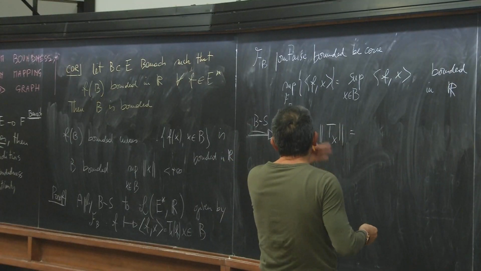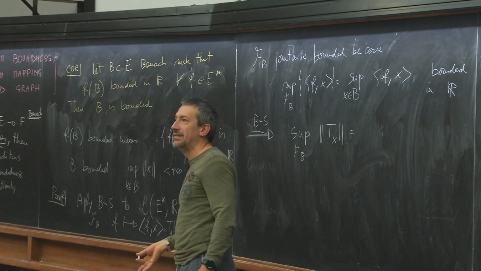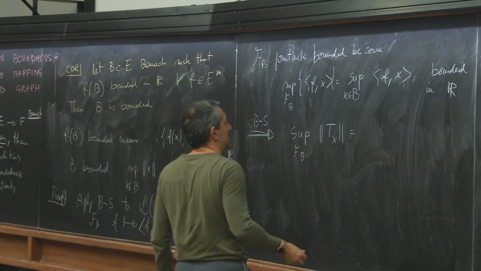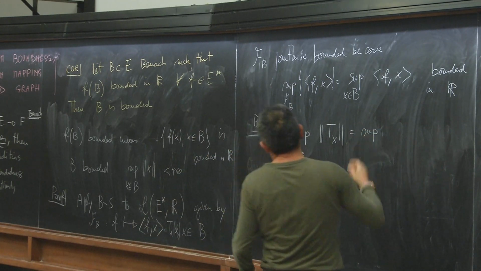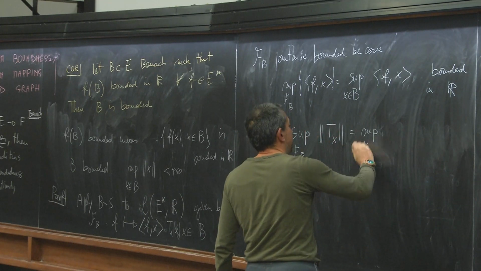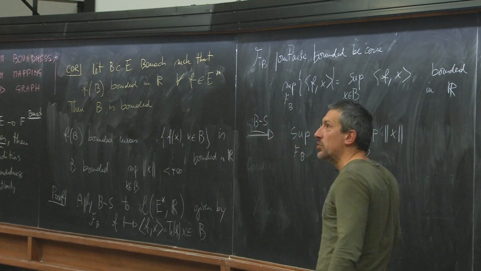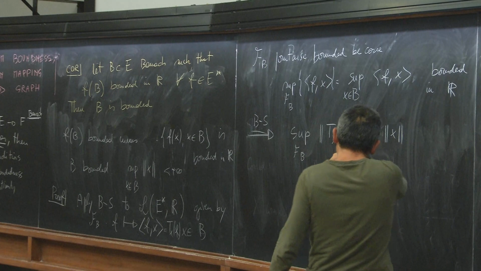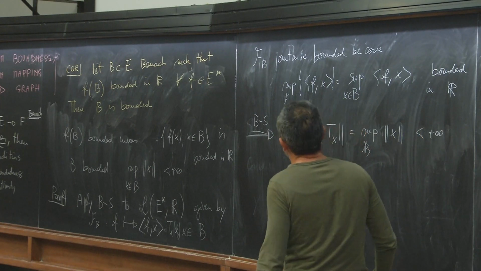But the norm of Tx of F is equal to the norm of x, because I have the Hahn-Banach theorem. You see, now I'm really using the Hahn-Banach theorem. And so B is strongly bounded.